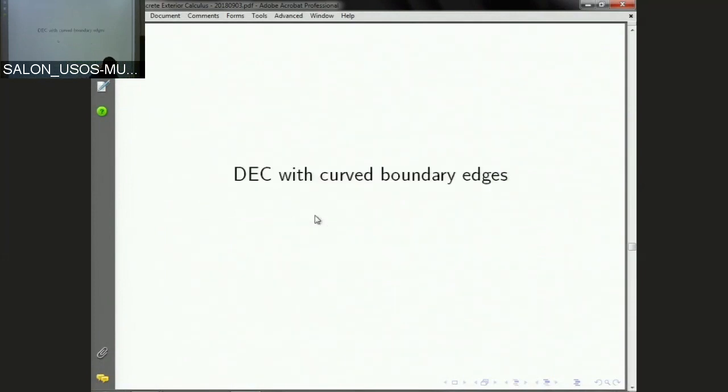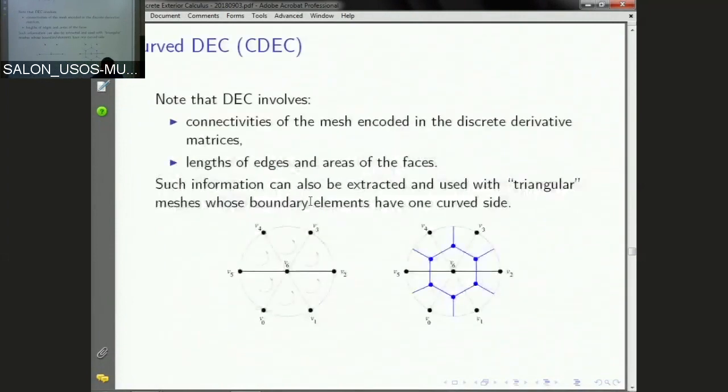But before I show you the numerical simulations, let me tell you how we introduced a variation of DEC already: DEC with curved boundary edges, based on the following two observations, and we have already done it in numerical simulations.